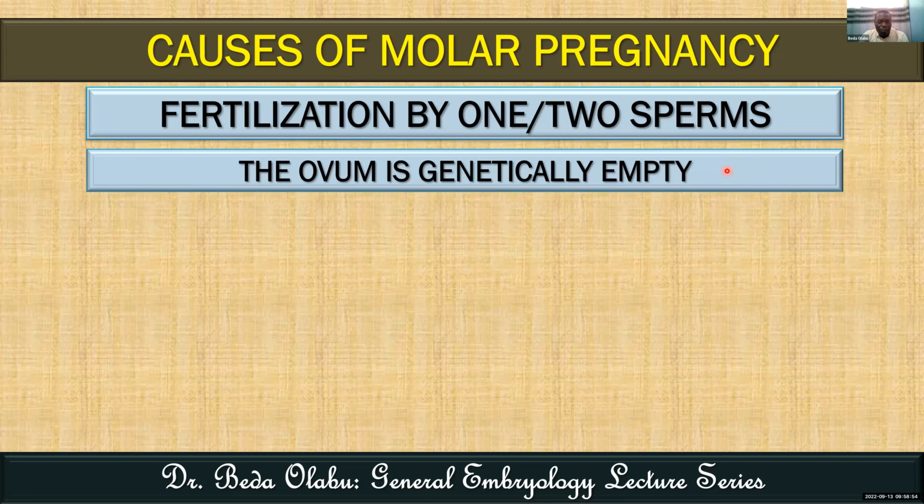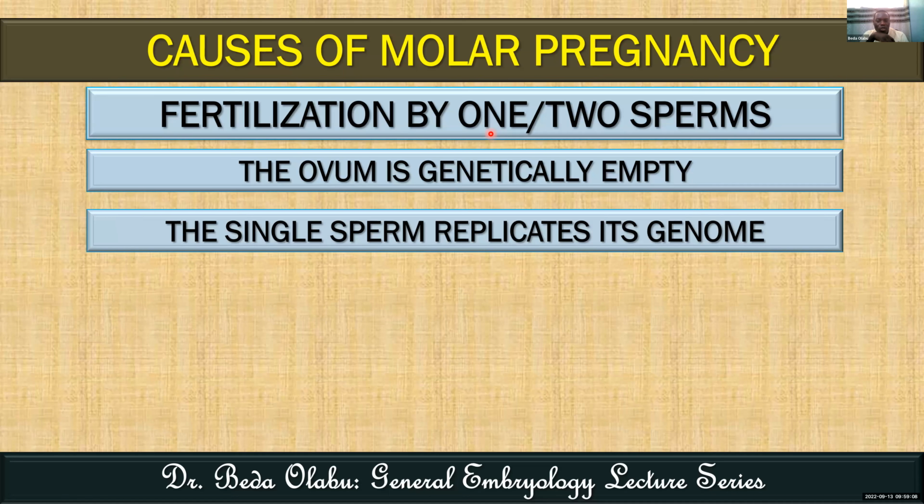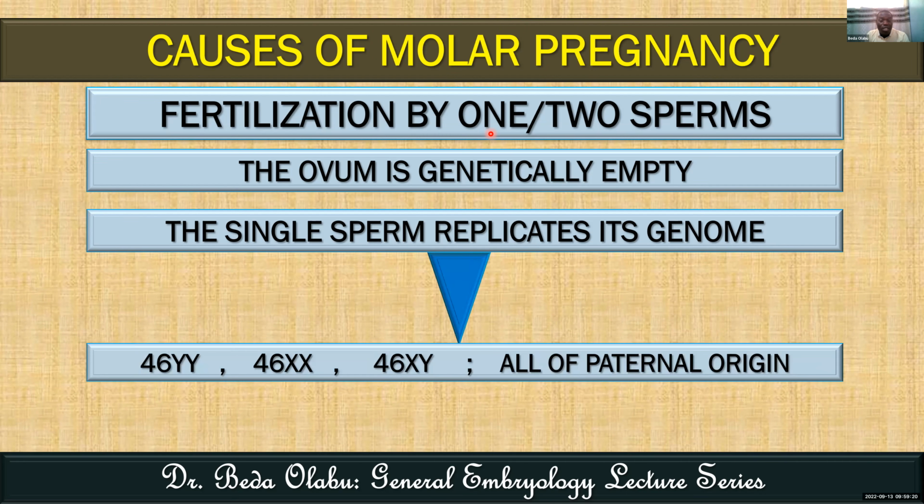So if that happens, if it is fertilized by 2 sperms, nothing much will happen to the sperms. But if it's fertilized with only 1 sperm, the single sperm usually replicates its genome. Then the resultant cell, therefore, will have a total of 46 chromosomes.